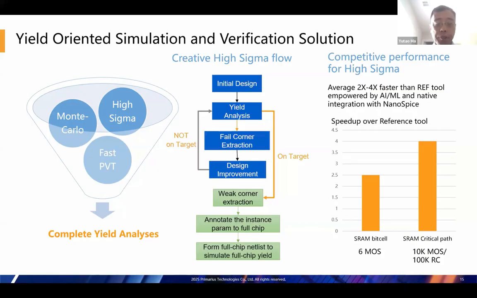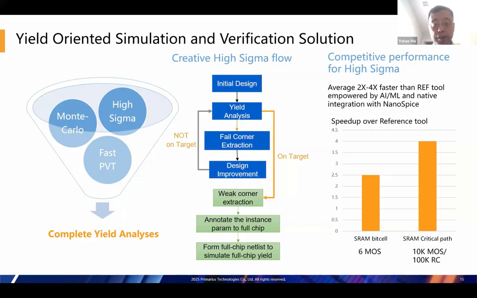Very often, a complicated design in an advanced technology node requires hundreds of PVT analyses. So we developed the fast PVT technology to allow designers to use maybe just tens of simulations to build a machine learning model to predict the other corner results.